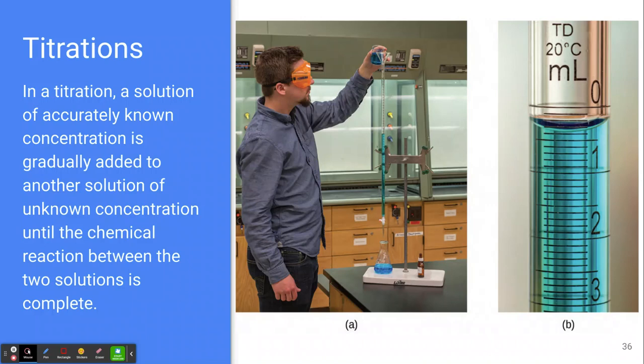And then we're going to titrate it with an unknown. So you have to know the volume of one thing, and then usually there's an unknown concentration of that. And then we need to use either the volume and concentration of one thing, so a known concentration and a known volume of one thing, or you can use the mass of a solid to figure out the concentration.